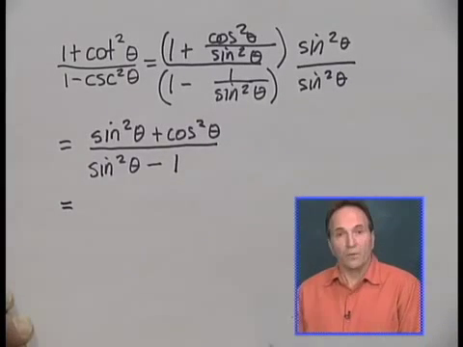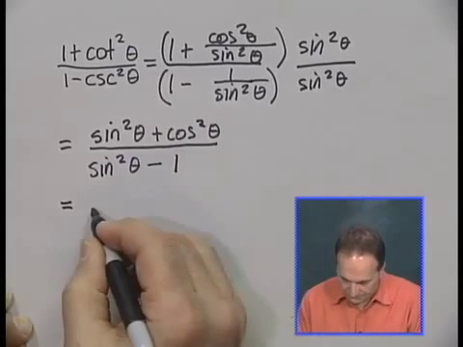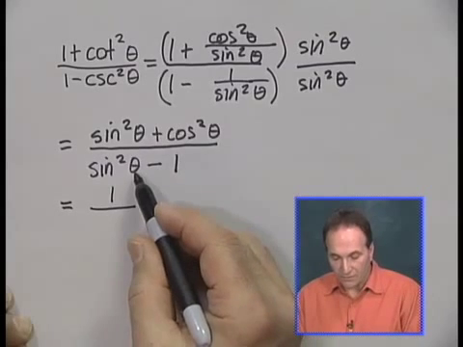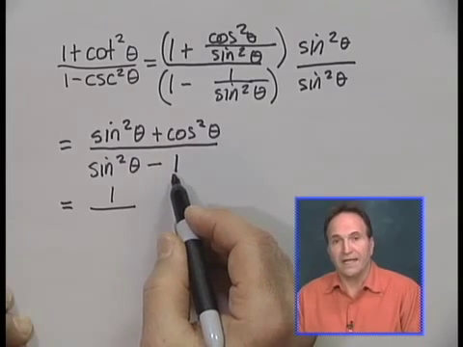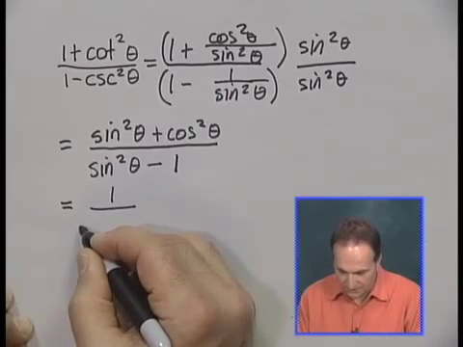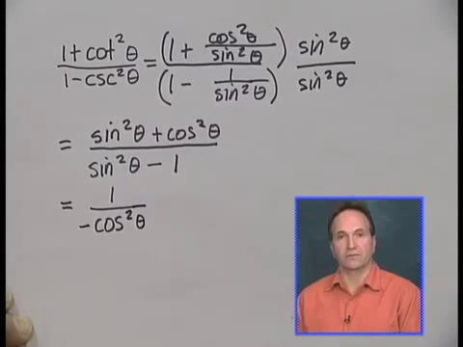Continuing along, we know that sine squared theta plus cosine squared theta is equal to 1. So in our numerator, we have 1. Sine squared theta minus 1 is equal to negative cosine squared theta. So in the denominator, we have negative cosine squared theta.